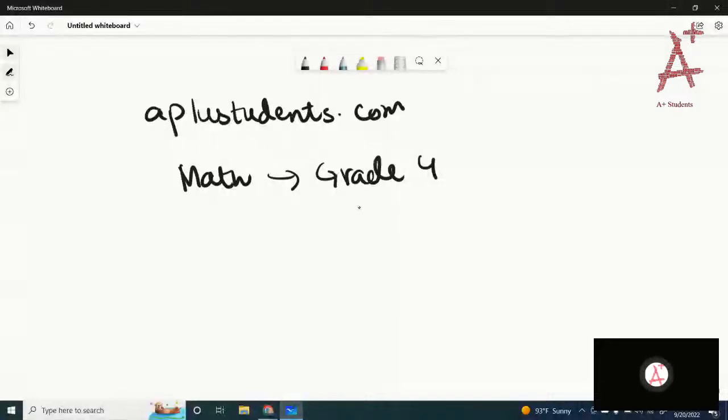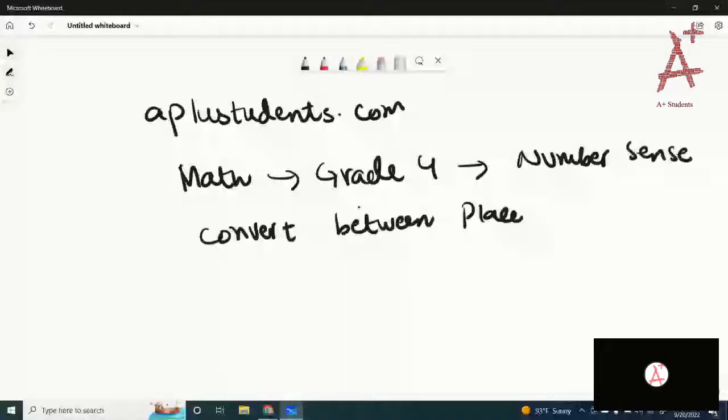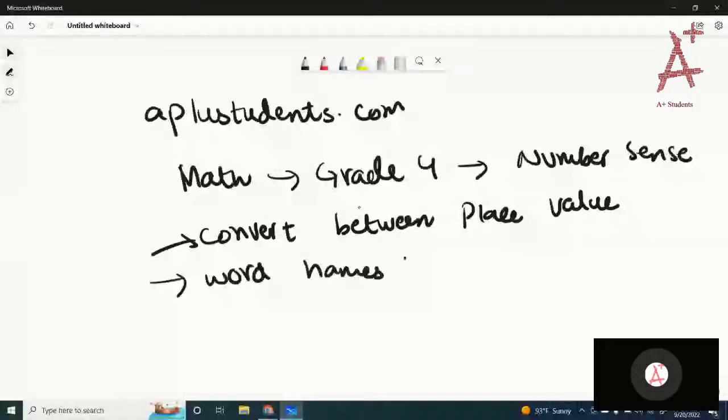Then the very first lesson is number sense, and we have done two of the lessons: convert between place values, and the second one, word names for numbers. So you can complete both lessons today.